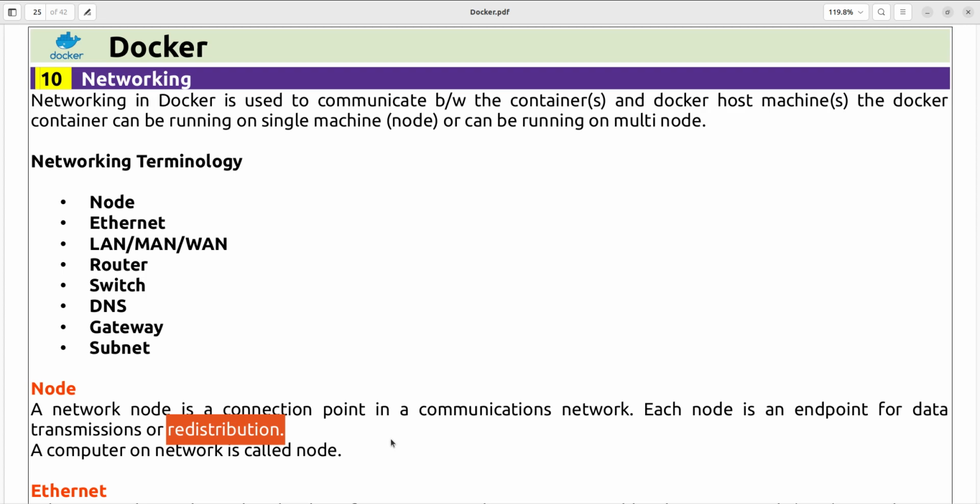So generally we can conclude that a node is nothing but the endpoint of the data, which can be a source or a destination. We can simplify that: one computer in the network that will send or receive data is called a node. That is nothing but a node.